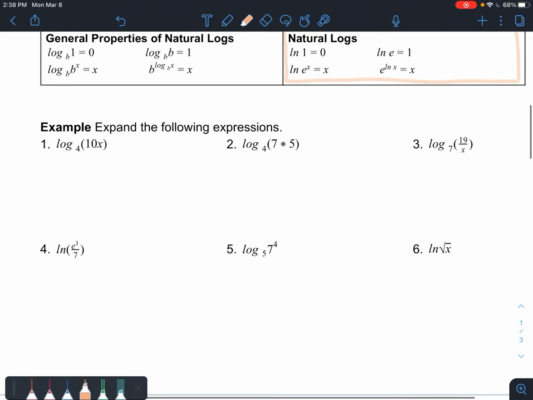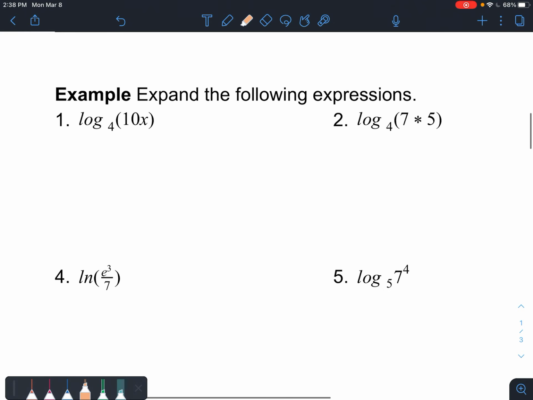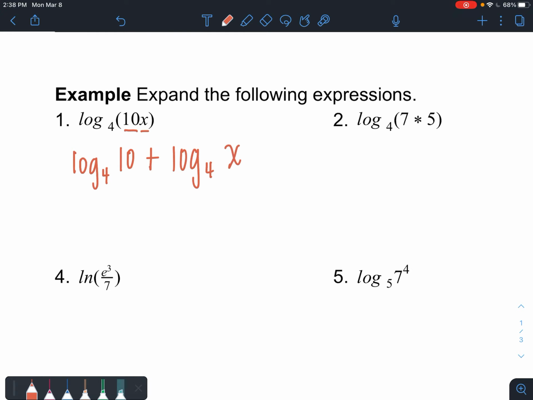Okay, so here we're going to expand these expressions. So I have log base 4 of 10x. Now, since I have 10 times x, I can rewrite that as log base 4 of 10 plus log base 4 of x.